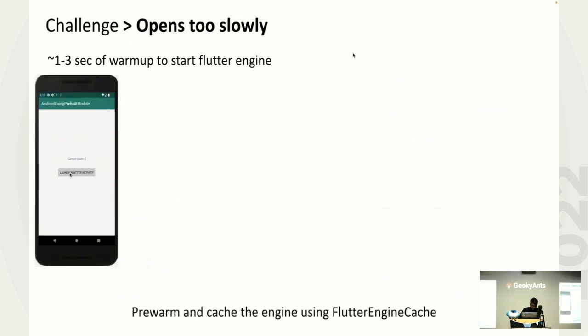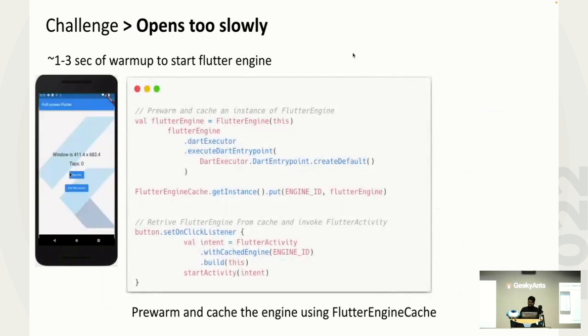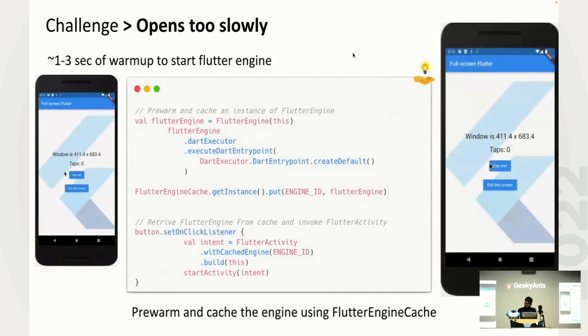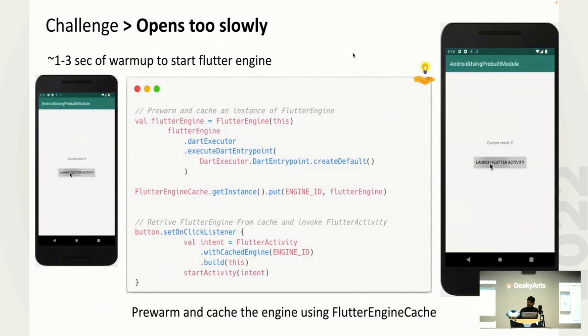This is a sample of it taking some time, and the solution is to use something called Flutter engine cache. This engine cache lets you pre-warm an engine, prepare an engine and then put it in the cache, and whenever you need it, you can just pull it from the cache, and then run it. And the result is very fast launch, as you can see.